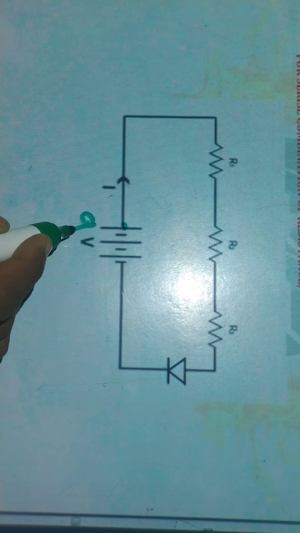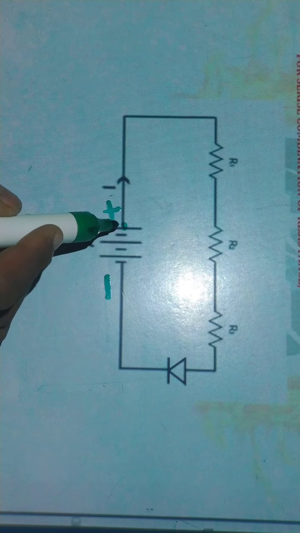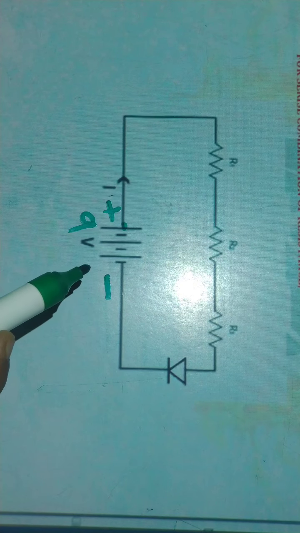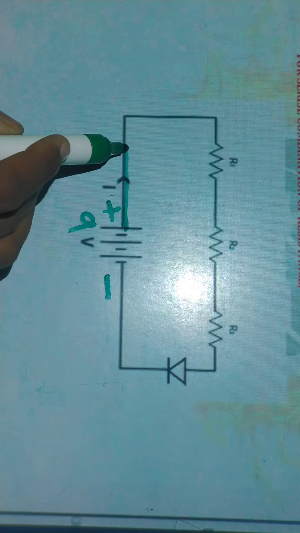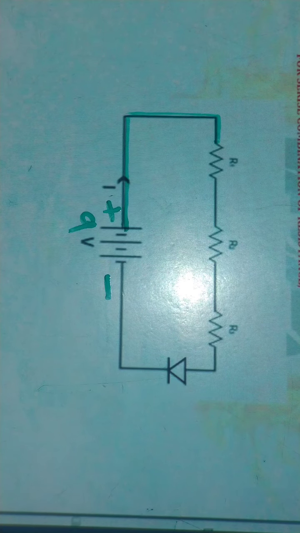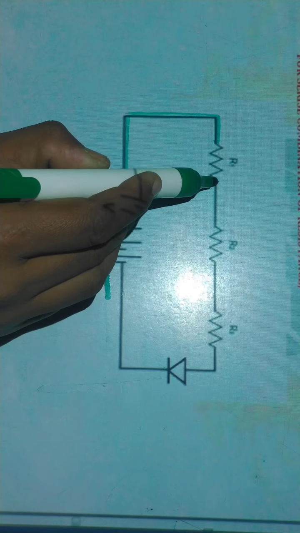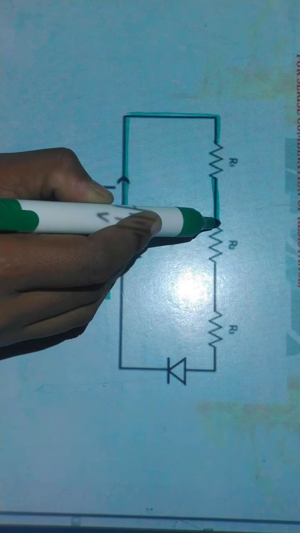This is the 9-volt battery, this is the positive terminal, and this is the negative terminal. The positive terminal of the battery is connected to the first end of the first resistance, and the second end of the first resistance is connected to the first end of the second resistance.